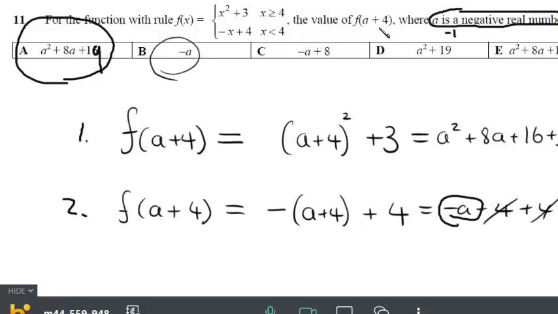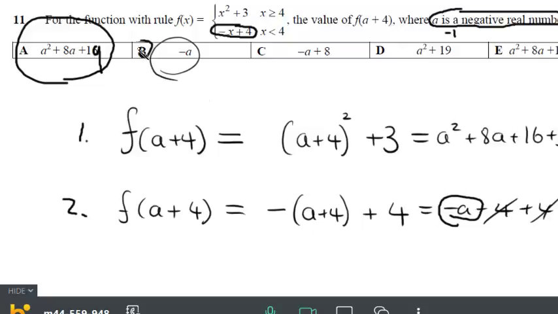But when x is less than 4, then you've got to use this one. When x is greater than 4, then you have to use this one. But a plus 4 is actually less than 4, not greater than 4, because a is a negative number. So you have to use this one instead of this one, and we get the answer as negative a. So the answer is B.